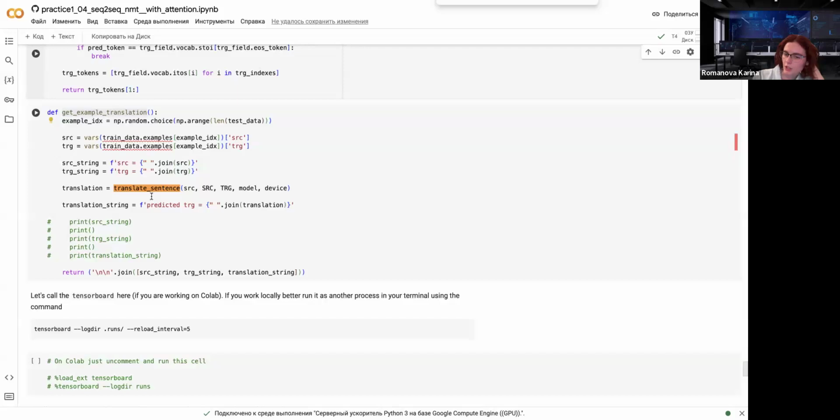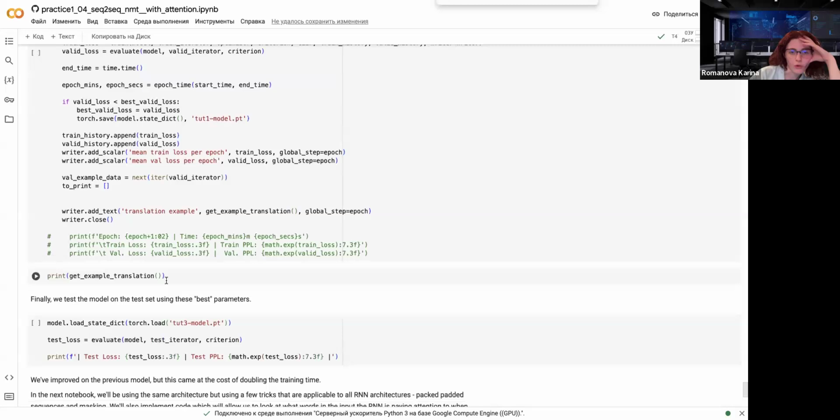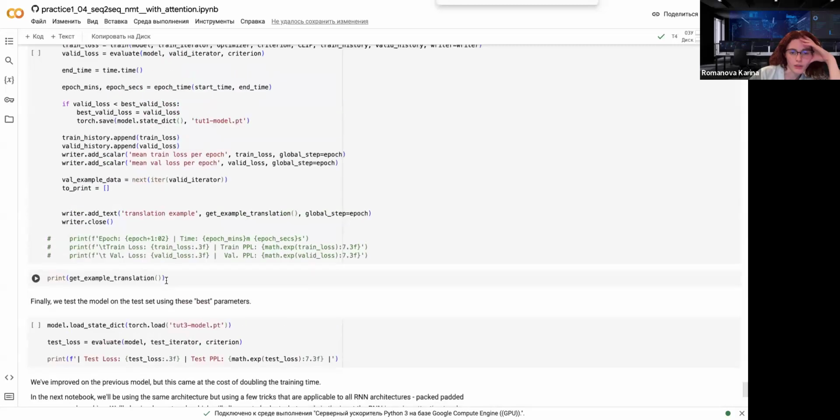This comparison helps visualize how well the model is performing on specific examples. And it's kind of the end of the code here.